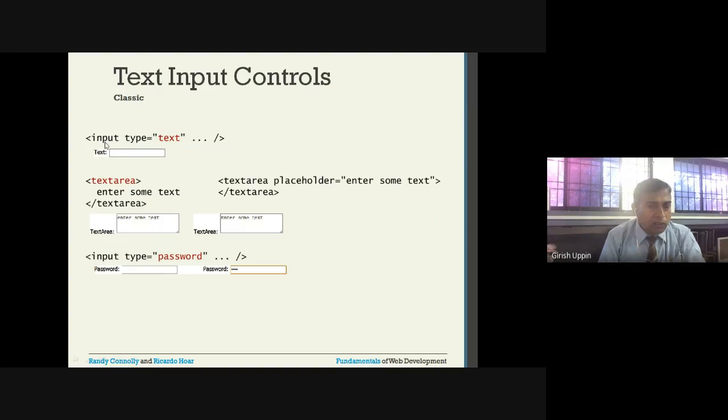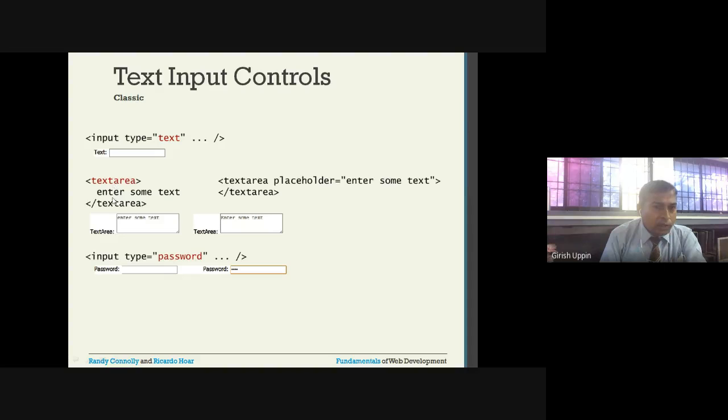All others start as an input and use this kind of syntax. Text area is different. You have the keyword, opening tag textarea and closing tag textarea, and in between if you include something, that will automatically be part of the initial value.